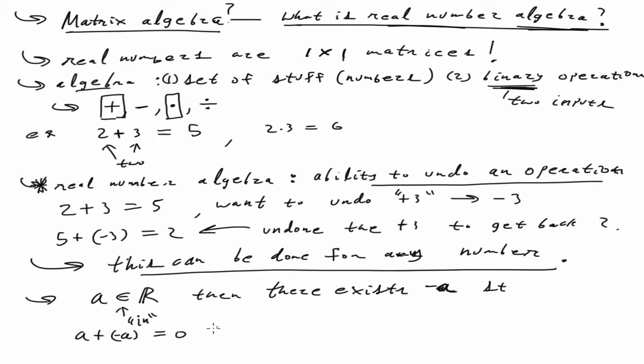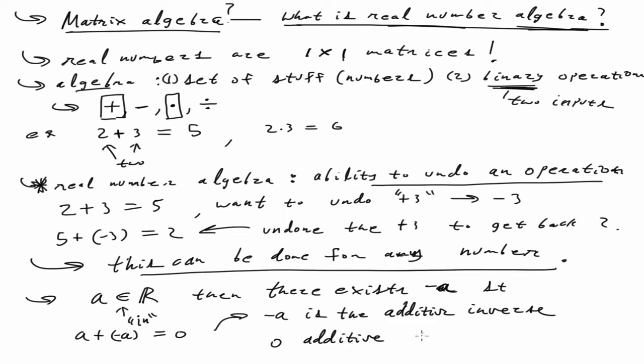So this has really nice properties. So we actually call this, minus A is the additive inverse. And 0 is what we call the additive identity.